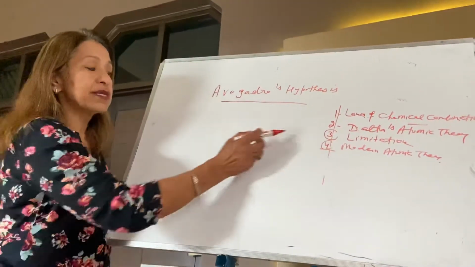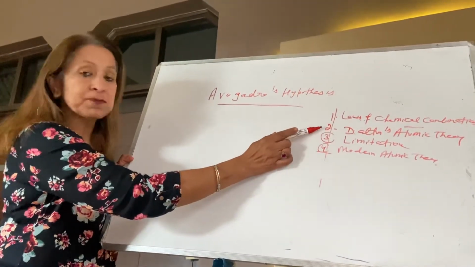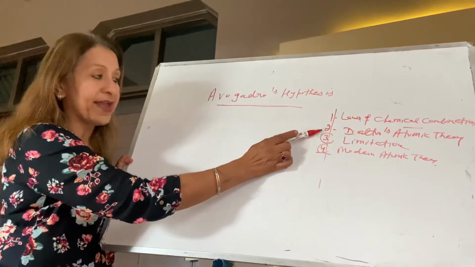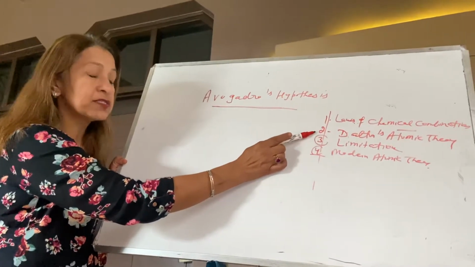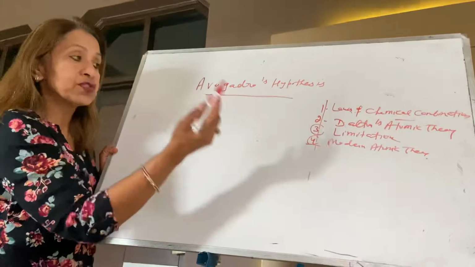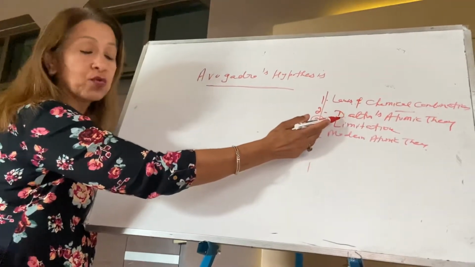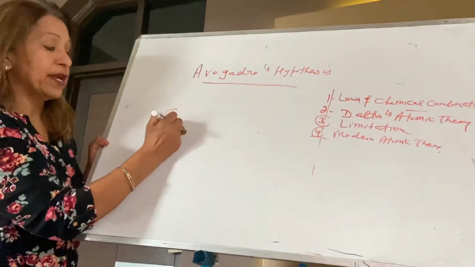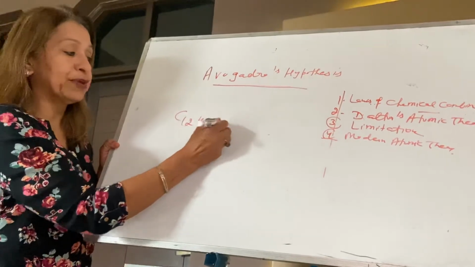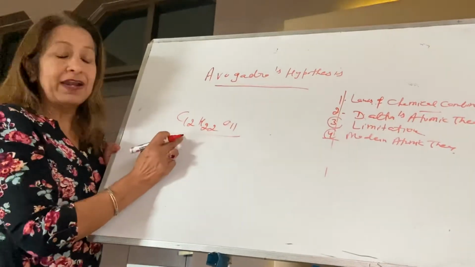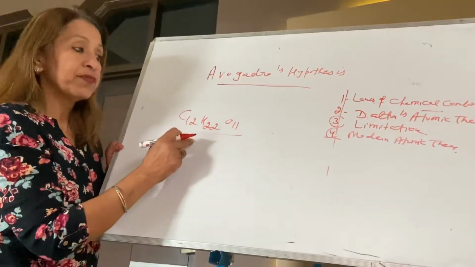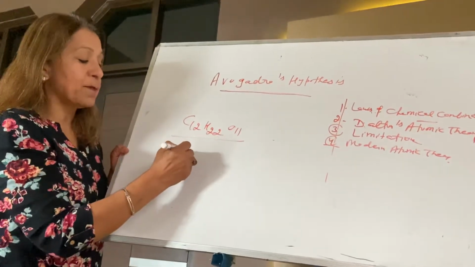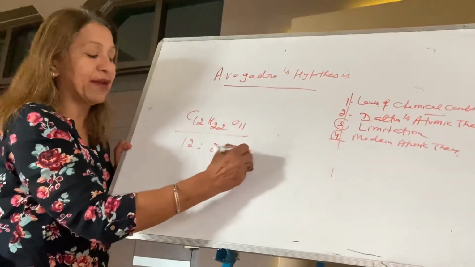You know, Dalton said atom is the smallest particle which takes part in the chemical reaction. Now dear students, remember he also said atoms combine in a simple ratio. But do you know, in the case of sugar, C12H22O11, this is sugar. In this case you can see the ratio is complex, 12:22:11.